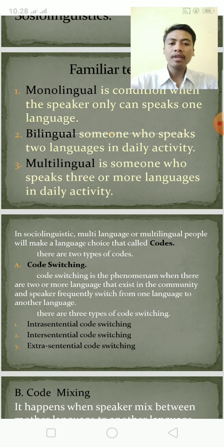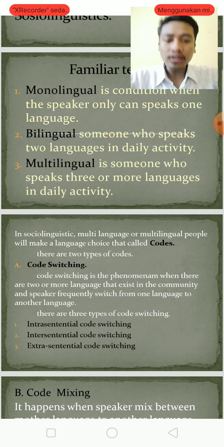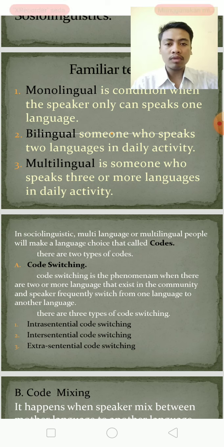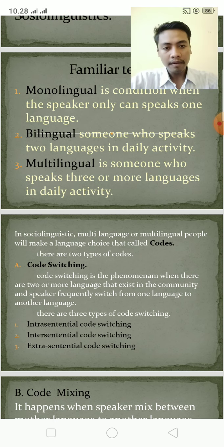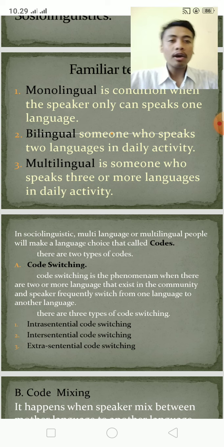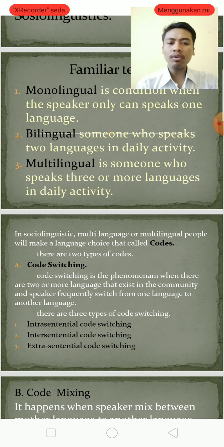In the next slide, in sociolinguistics, multilingual people will make a language choice that is called codes. And there are two types of codes. The first one is code switching.